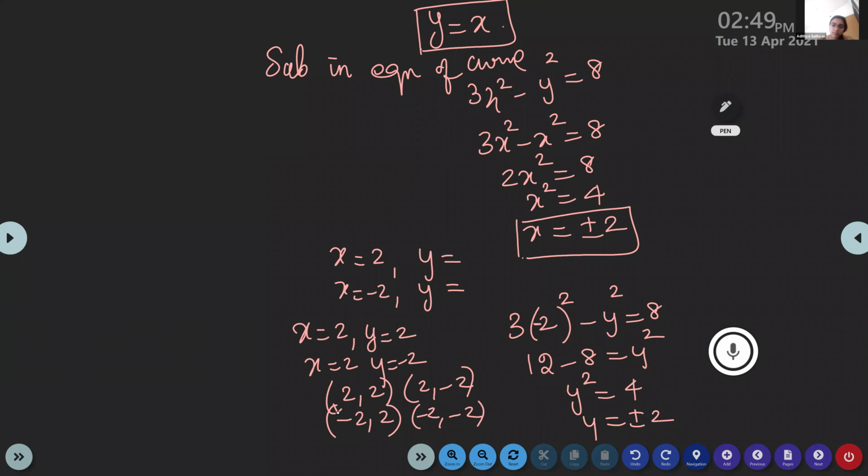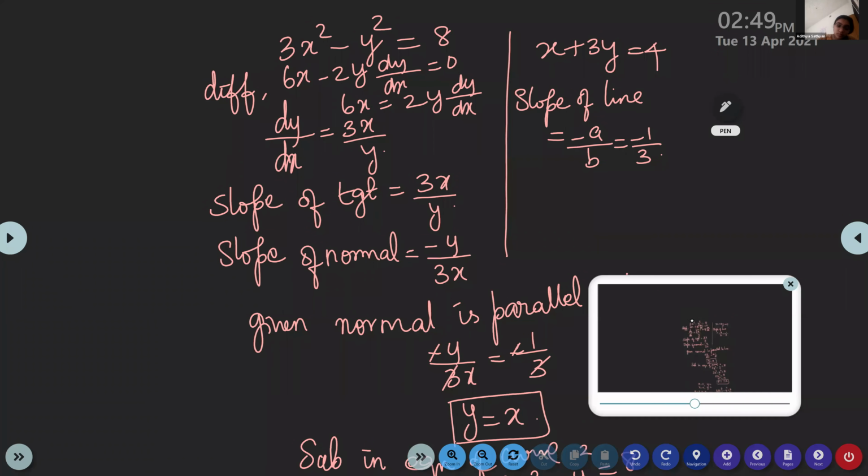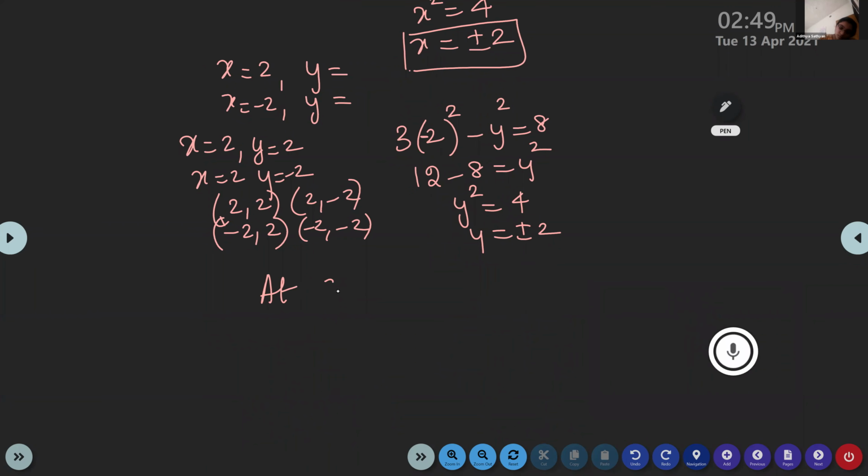So you take the first point, (2, 2). What is the slope we got? What's the slope of the normal? Minus 1 by 3, isn't it? That's at (2, 2). Slope is already given.